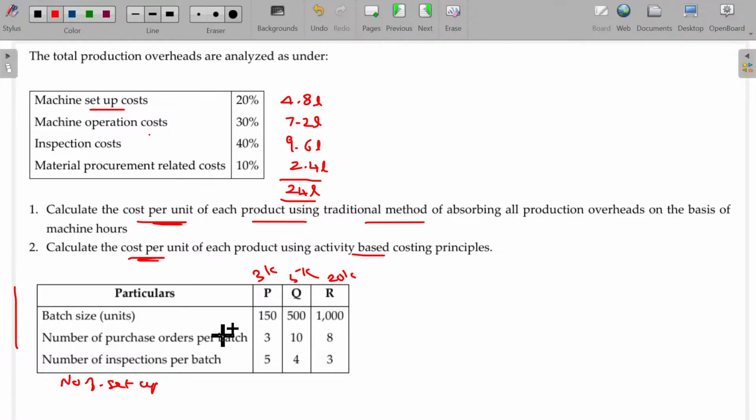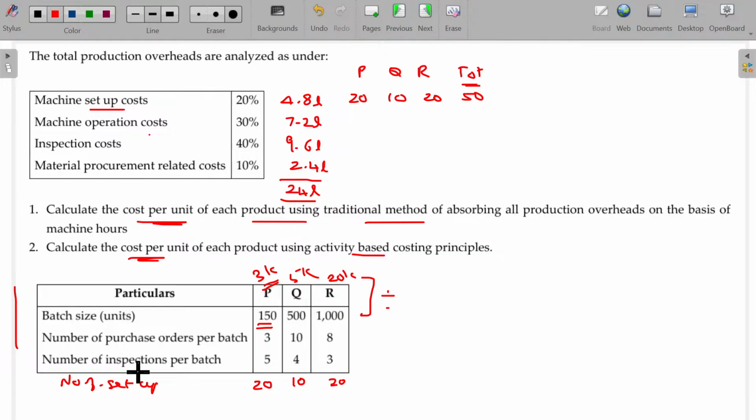Very simple. 3000 units are to be manufactured, and per batch we can produce 150, so 3000 divided by 150. How many setups do you need? 20 setups. For Q, 10 setups. For R, 2 setups. Am I right? So 20, 10, 20. This machine setup cost should be allocated to P, Q and R in the ratio 20 is to 10 is to 20, with the total being 50.